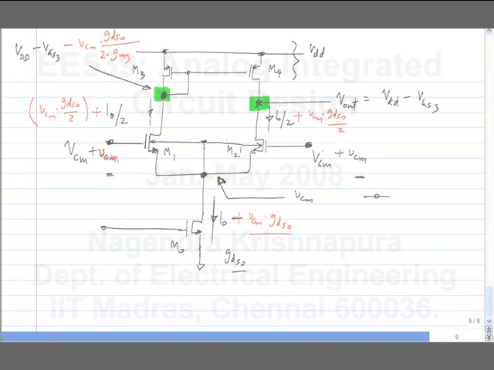Now we also know by symmetry that this voltage and this voltage are the same. They have to be the same. So this will also change by minus GDS0 divided by 2 times GM3 times the input common mode increment. So this is the change in output voltage in response to a change in the input common mode voltage.